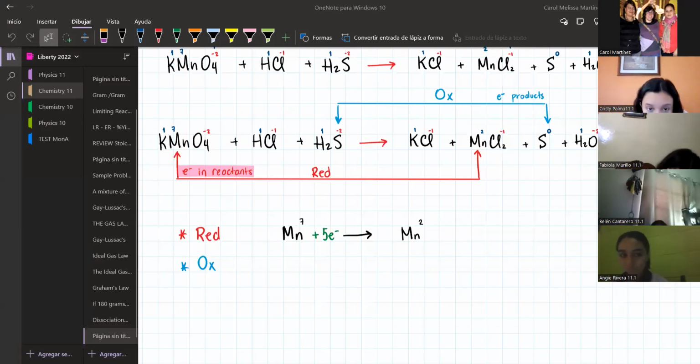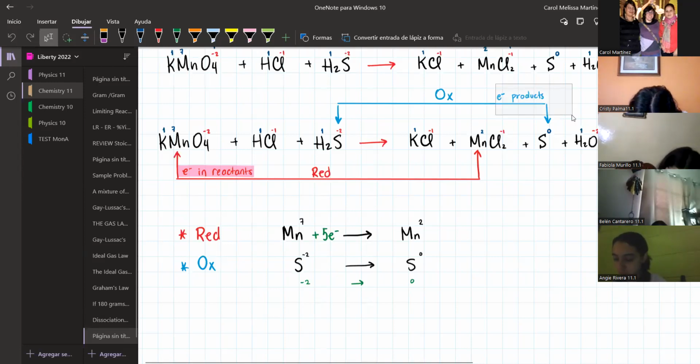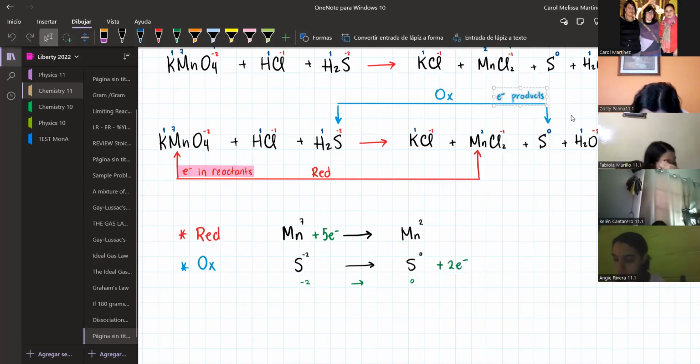So we had sulfur with a charge of -2, and after the reaction, we have the sulfur with a charge of 0, okay? So the oxidation number was -2, and after was 0. The difference between the two numbers is 2. So in oxidation, we're going to include those electrons in the products.